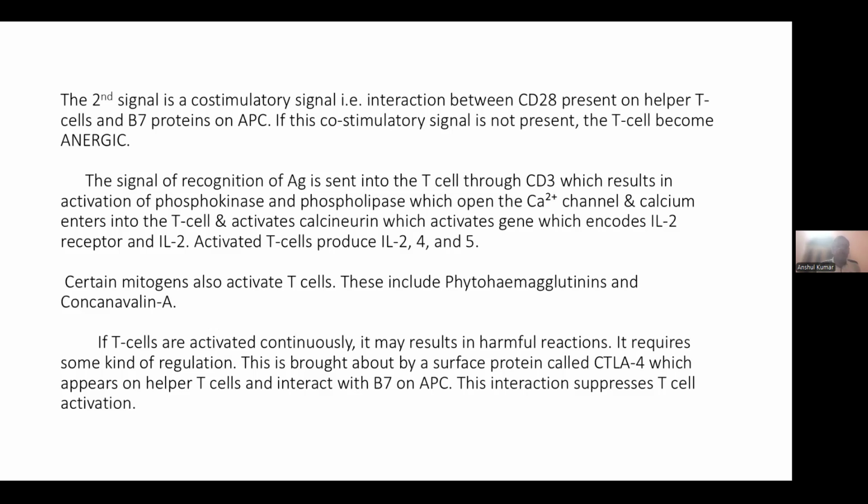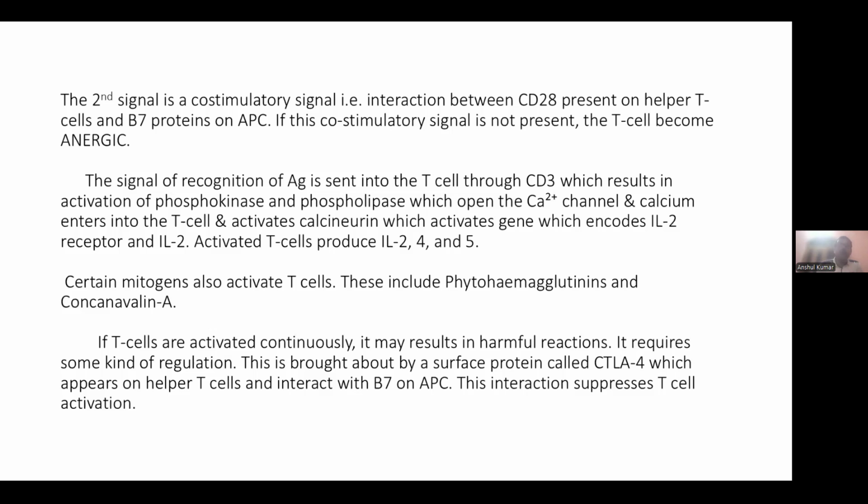Now, certain mitogens also activate T cells. Some of the important ones are phytohemagglutinin and concanavalin A. If T cells are activated continuously, it may result in harmful reactions. So if continuous stimulation persists, it becomes harmful, and there is a need for a check on the stimulation of T cells.